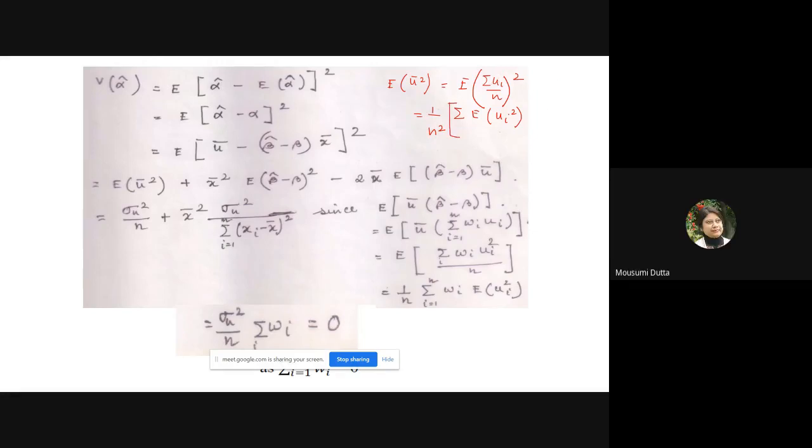Because it is u1 plus u2 up to un whole square.